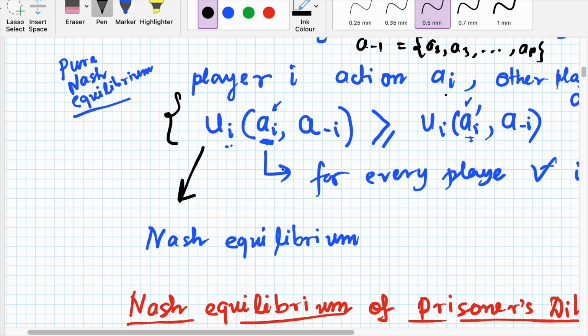You can see that if the equality sign holds, a strategy can still be qualified as a Nash equilibrium. And for mixed Nash equilibrium, all this equality holds, and all mixed Nash equilibria are non-strict equilibria.